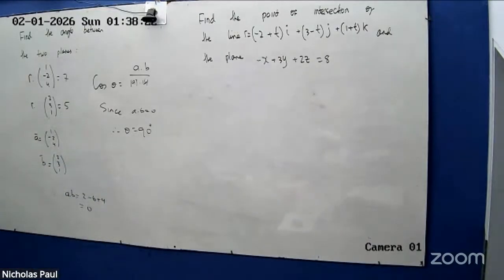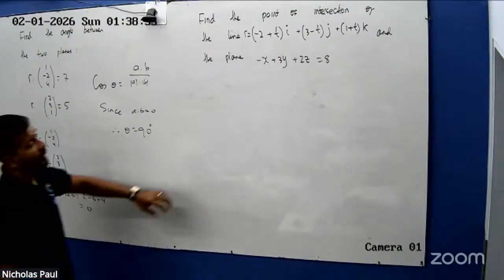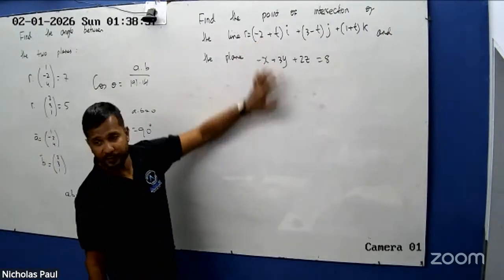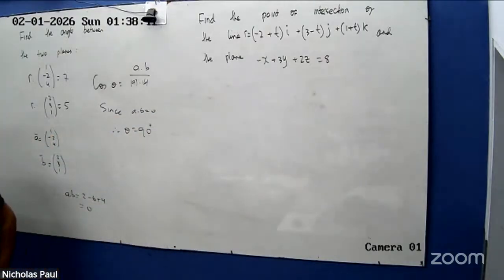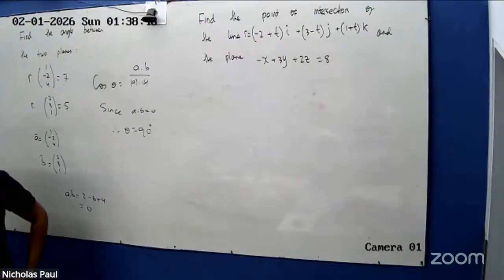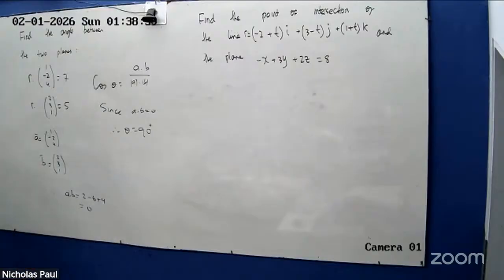We have a line and we have a plane. And we want to find where they intersect. How are we going to attempt to do that? How are we going to take this and solve with this? Any ideas?